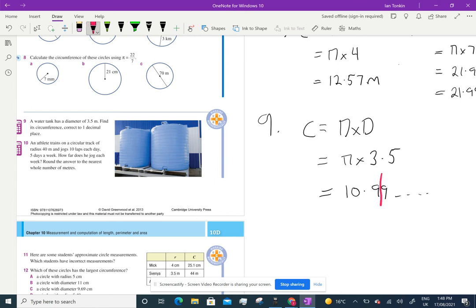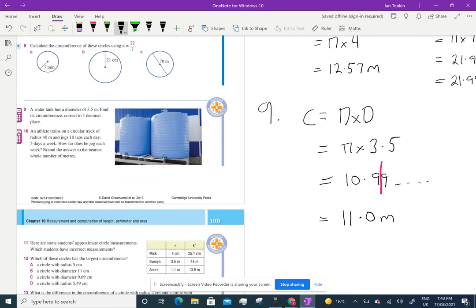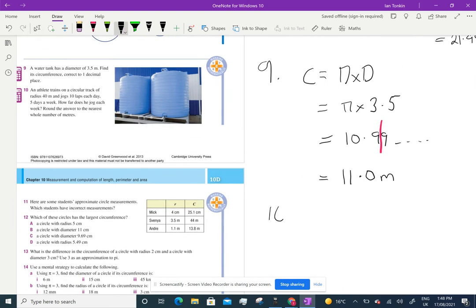I draw the line down there and I go, that 9, well, I'll have to round up, which makes that 9 a 10. So it's going to be 11.0 metres. You must put in the 0. And question 10. You have a go at it on your own before I have a go at it.